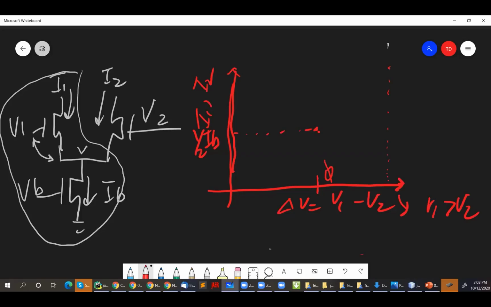So do you think I2 should be half IB, 0, or some other value? Winston, you already gave one answer. Let's see if somebody else gives a different answer. I don't see anybody. Is everybody lost?